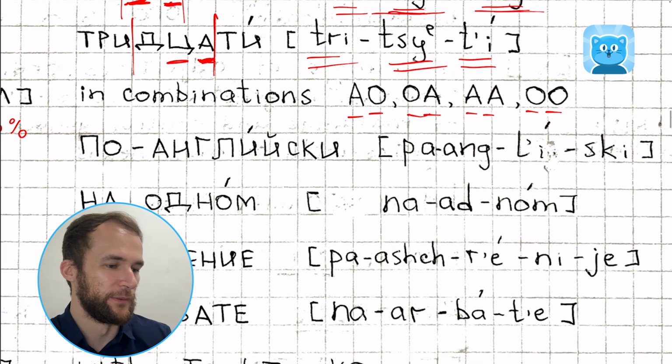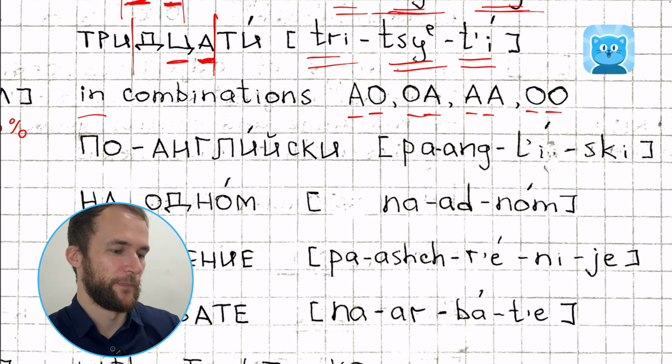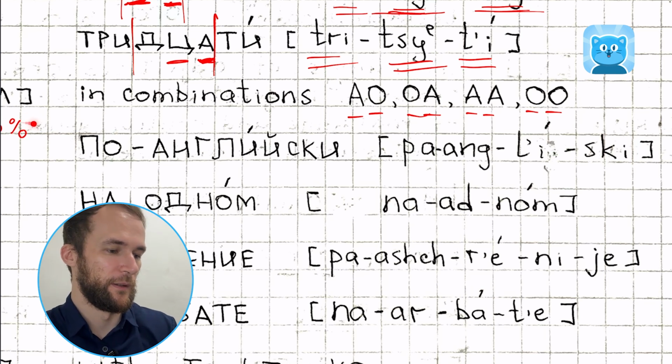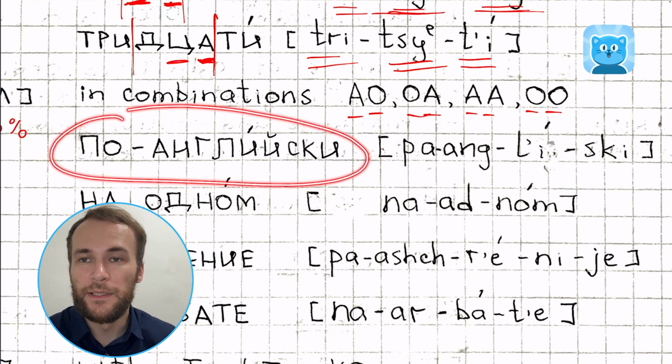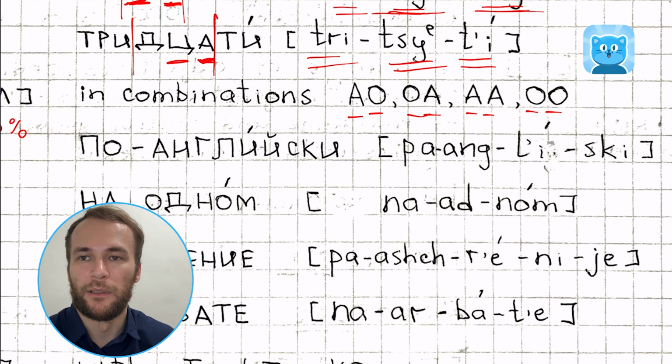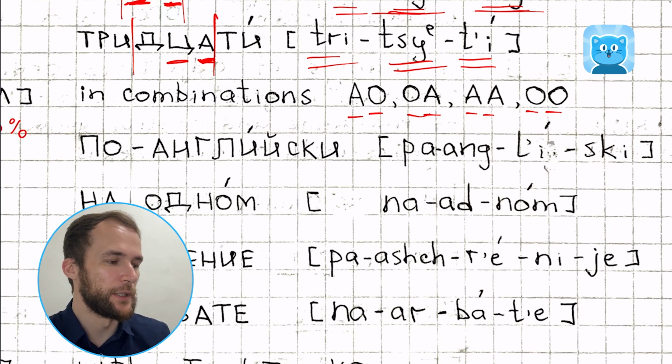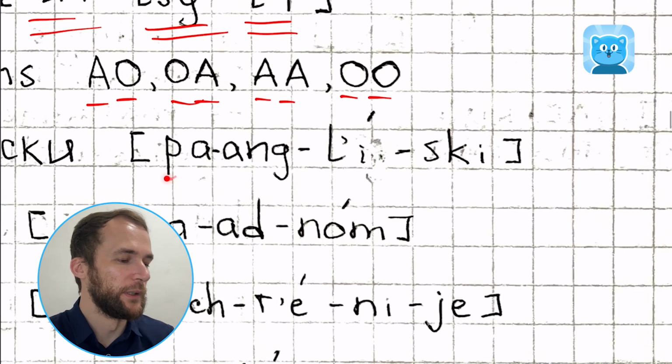So for example, this word по-английски, which means in English. По-английски.